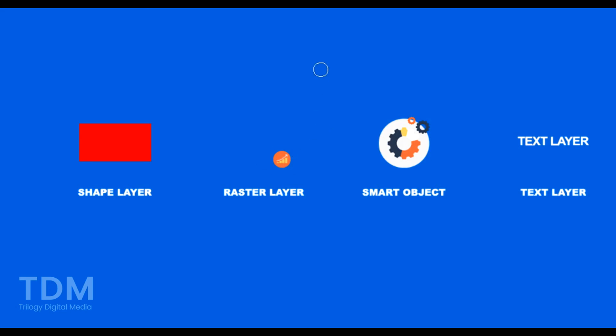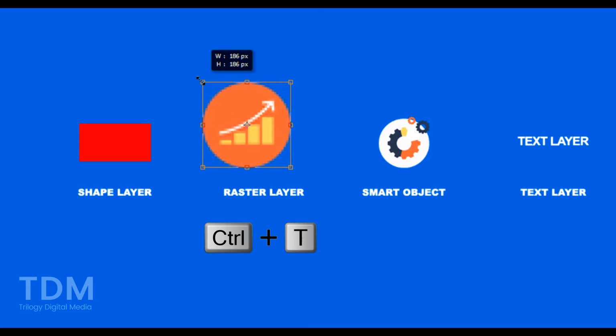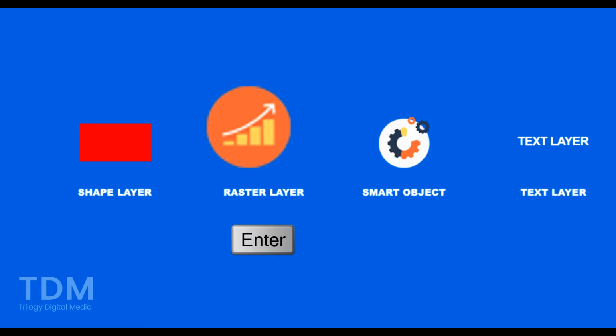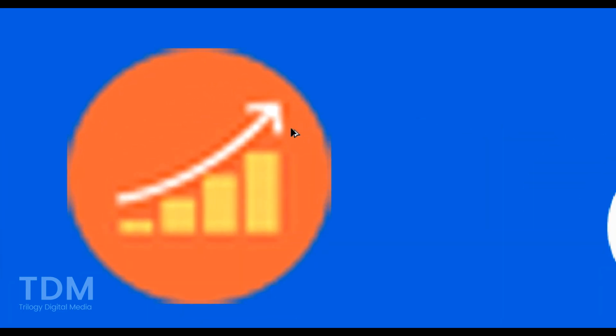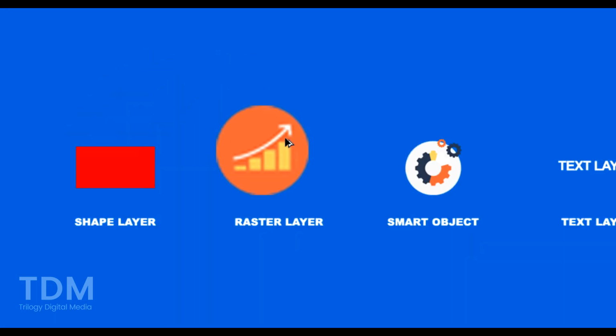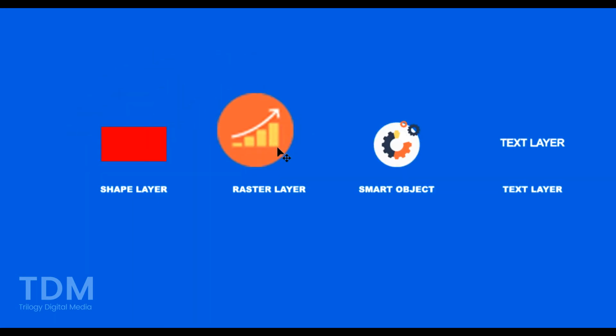If we try to enlarge it to its original size, you can see how it looks blurry. It's because Photoshop had to create 6,000 of those extra pixels that were no longer there. That's how the program deals with raster layers. But on the other side, a smart object tells Photoshop, you need that information later down the road.